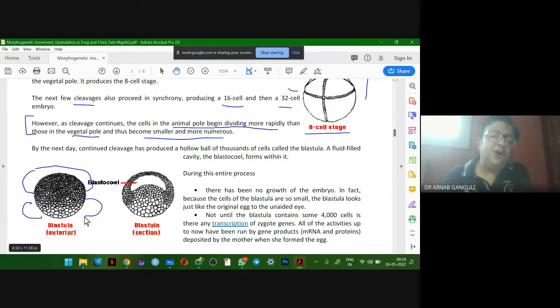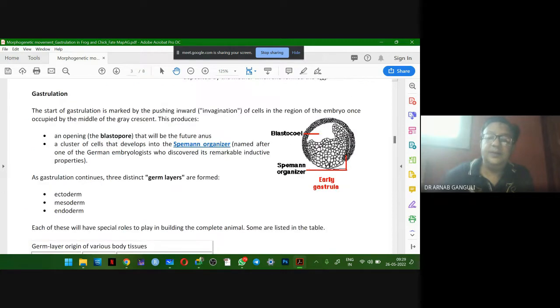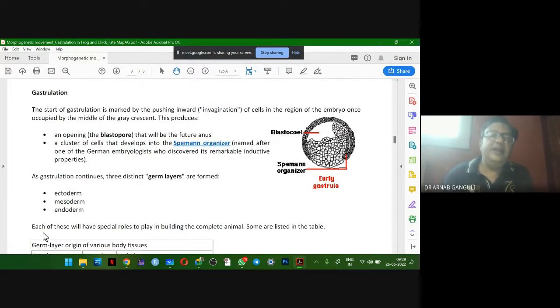It forms a hollow ball. And this ball is known as blastula. If you take a section, there is a space, and that is known as blastocoel. Okay. Then the gastrulation stage will start to take place in frog.